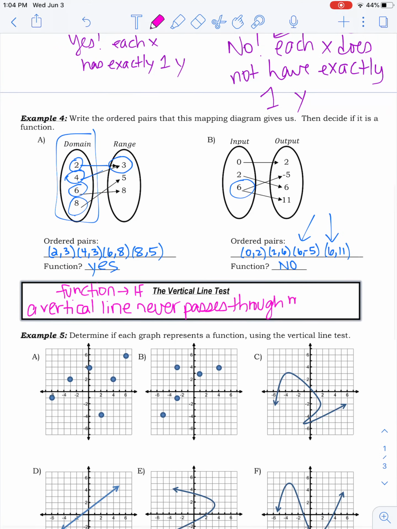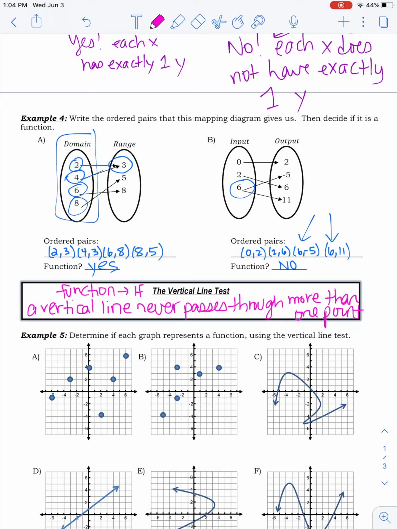And then I'll explain that. Let me finish writing. Okay, so a relation is a function if a vertical line never passes through more than one point.